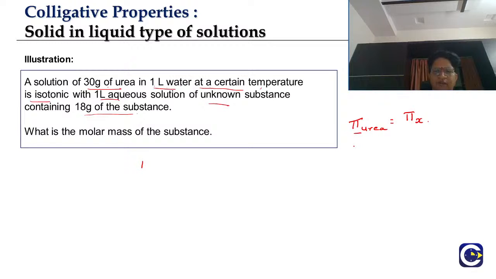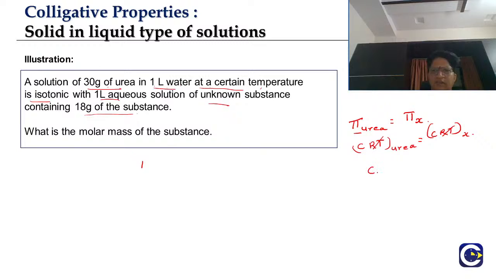What is osmotic pressure equal to? CRT. So CRT of urea should be equal to CRT of X. R and T வந்து நம்ம constant.